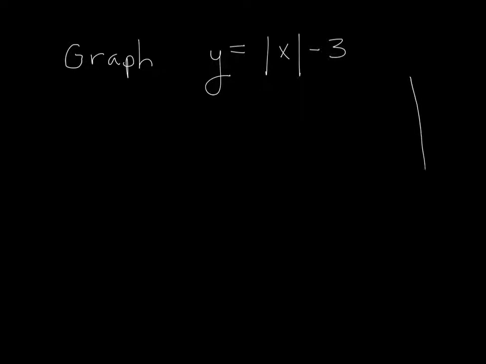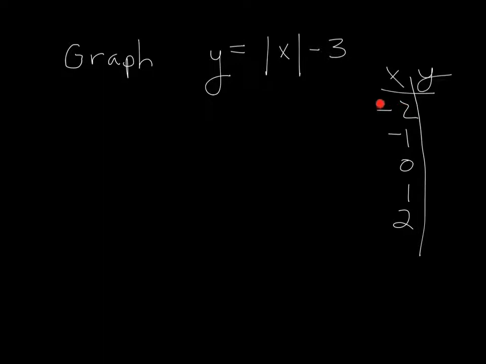I'm going to make a table again. Why not, right? You can always make a table. Let's just go with our standard: -2, -1, 0, 1, 2. I'm going to do these in my head, so follow along with me here.